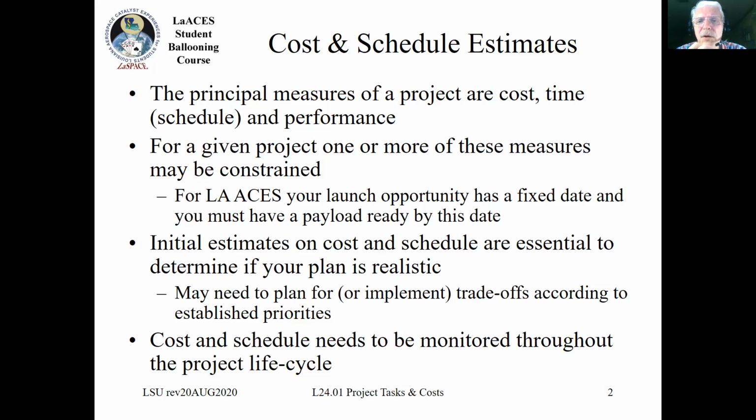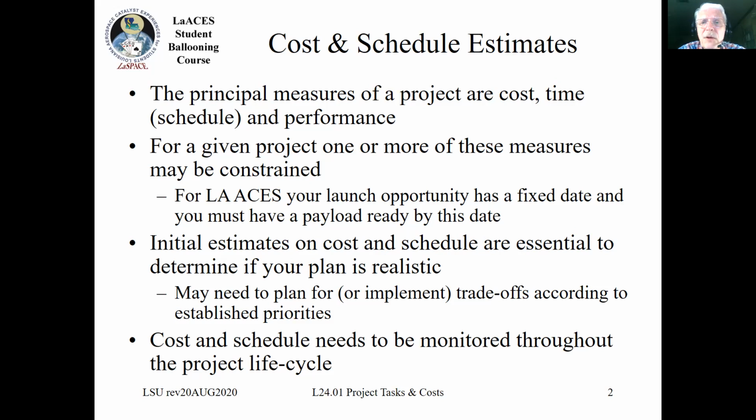So your initial estimates of how your project is going to run in terms of cost and schedule are going to be required in order for you to figure out whether or not you can actually make that launch date. And after you do those estimates and you find out that you can't, then something has got to happen. All right, you've got to do some trade-off.